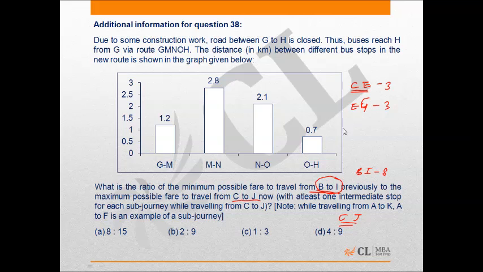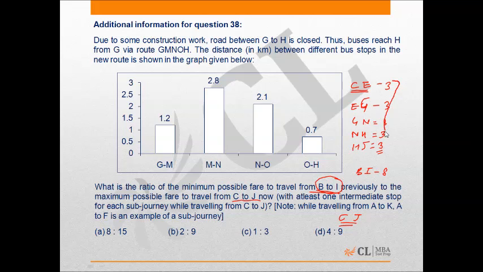So let's move to the next sub journey, G to N. The distance between these two stations is 4 kilometers, which we can travel by buying a ticket of rupees 3, and then N to H, which is 2.8, which we can again travel by buying a ticket of rupees 3, and then finally S to J, which we can again travel by buying a ticket of rupees 3.